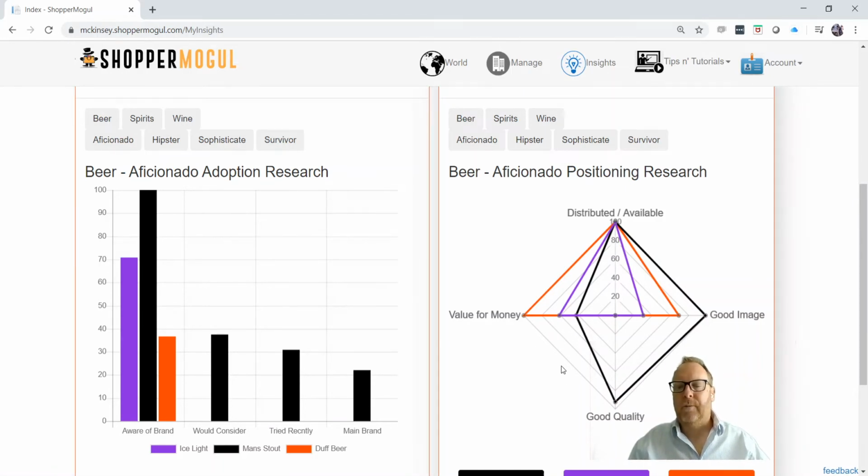Over on the right, this information is really useful to understand the would consider box. So consumers are asked specifically 4 different questions. Is this a brand that you can find easily in the marketplace? Do you think that this brand has a good image? Do you think this brand has good quality?